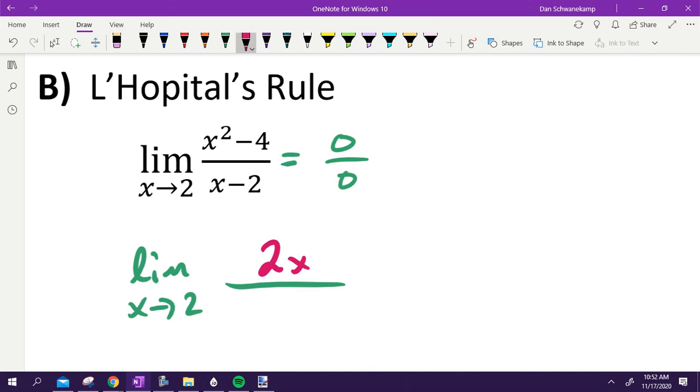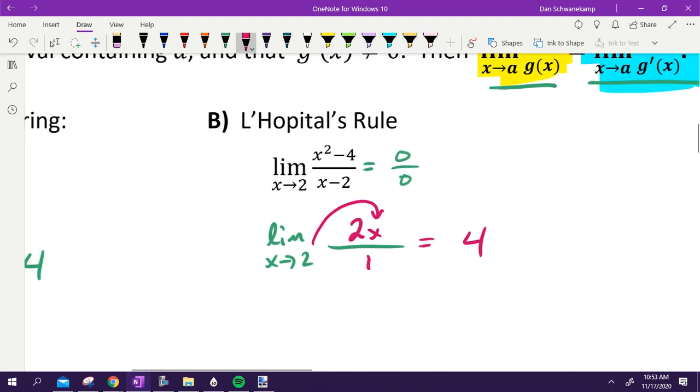And if I take the derivative of x minus 2, it'd be 1. We take the derivative, we plug it in, I get 4. Neither of them are hard. L'Hopital's rule is probably easier because you don't have to factor. If it's that simple, just taking the derivative is pretty straightforward. Make sense on how this works?